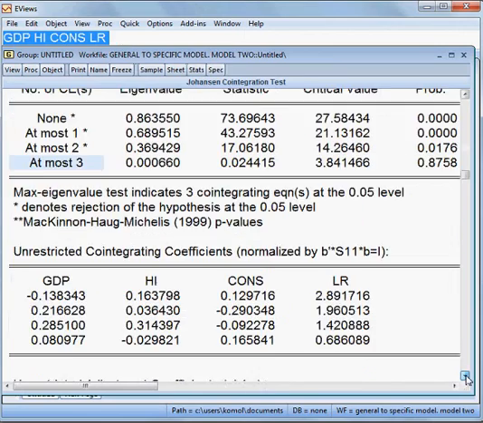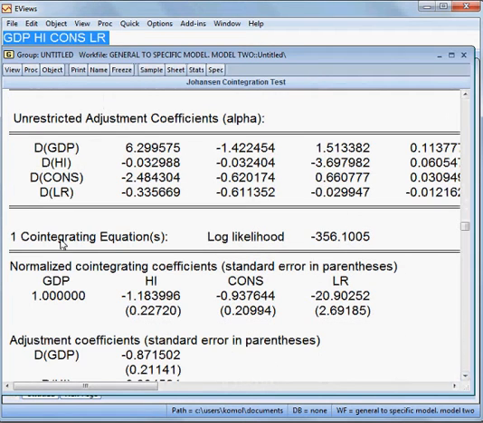And now we can see the long run model. Here the GDP is the dependent variable, that you can see from here, and HI is the independent variable, cons independent, LR independent. So what is this one? This one is the coefficient, and this one is the standard error of this variable.